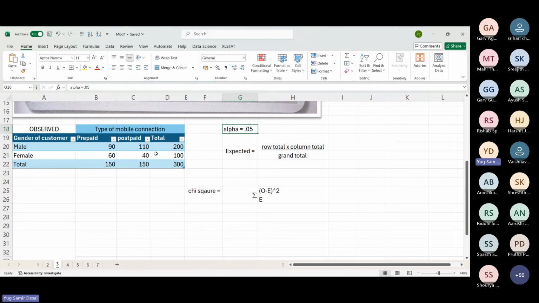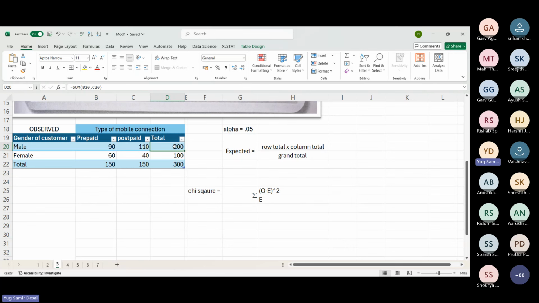What we had been given is the observed values between the gender of the customer and the type of mobile connection plan that they have. The total number of males who have taken a prepaid plan is 90. The total number of females who have taken a prepaid plan is 60. And by that, we get the total.